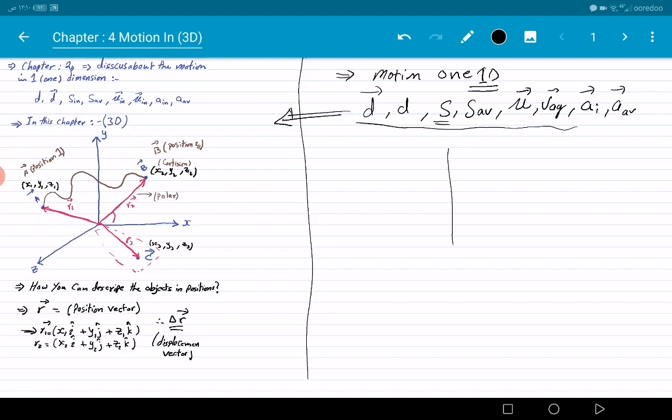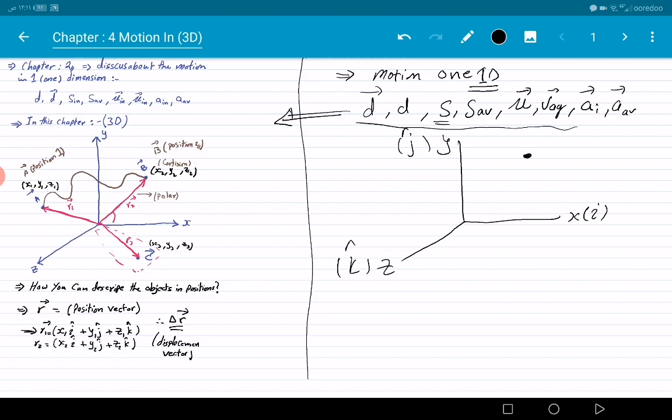So if I have a point here in space, that means in three dimensions, I can draw it easily for you. So that is y, x, z, and we know from the unit vectors, x with i hat, z with k hat, y with j hat.